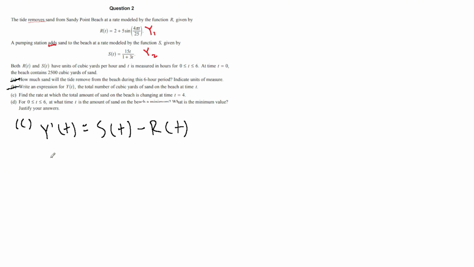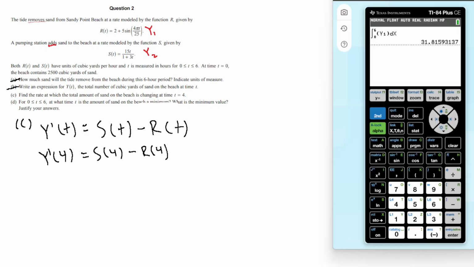So now we're going to plug in 4. We're going to go y prime of 4 equals s of 4 minus r of 4. And now what we're going to do with that is go to our calculator, and we can type this in. Here, let me clear this. So remember, s of t is our y2, so we're going to go alpha trace 2.